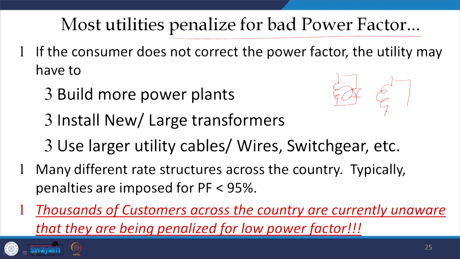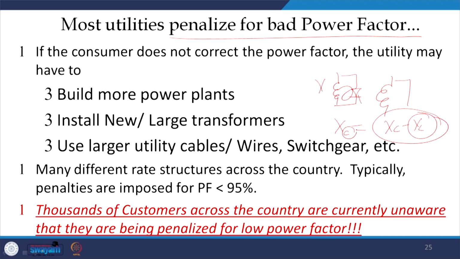You can control the triggering of these thyristors, and what you get is essentially XC minus XL, where XL will be a function of this triggering angle. Thus you can change the effective value of the capacitor and inductor so that it does not tune to a particular harmonic.